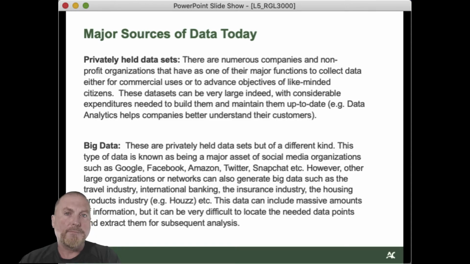There are many, many companies out there whose business is that. They collect specialized data sets for selling to clients, selling to companies that want to find things out. How do people feel about not being able to turn right on a red light? There are companies out there that generate and maintain huge special data sets targeted to specific niche aspects of the market.